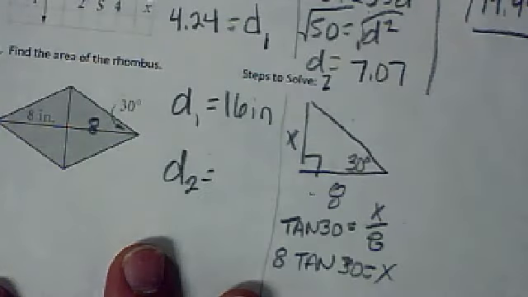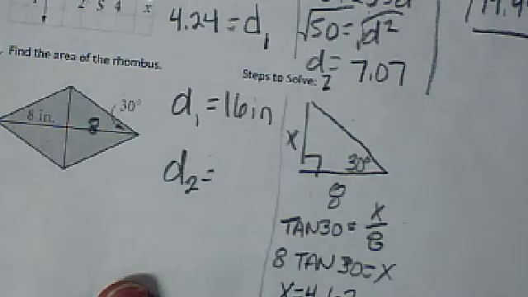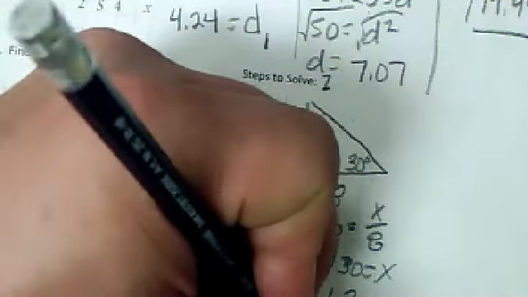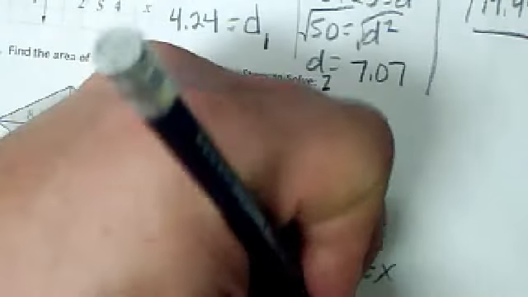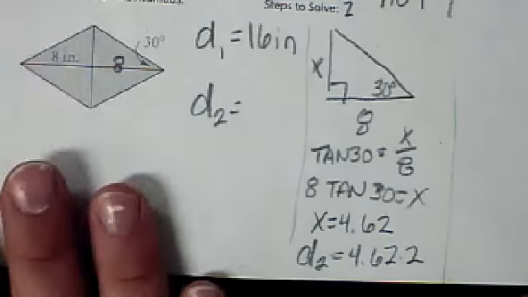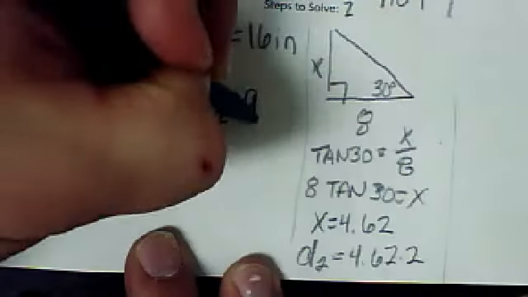So 8 times tangent of 30 is going to give me 4.62, which now is 1/2 of that diagonal length of that rhombus. So in order to get D2, that full length, I want to take that 4.62 and double it. So 4.62 gets doubled, and I get 9.24 as that short length.